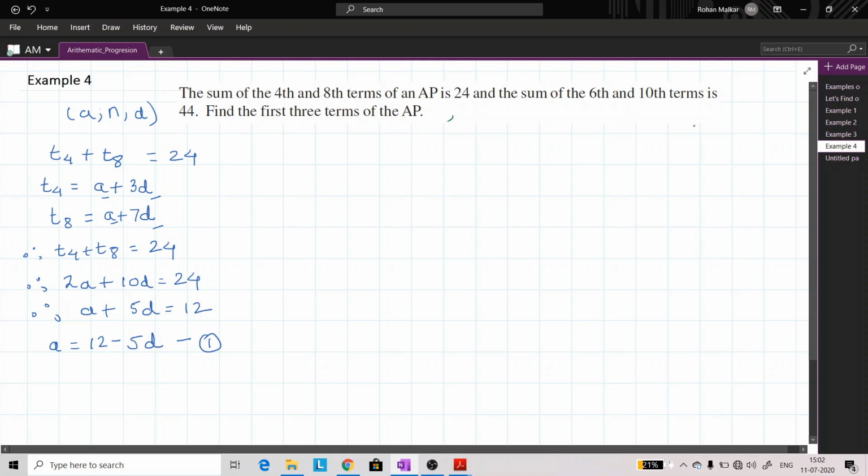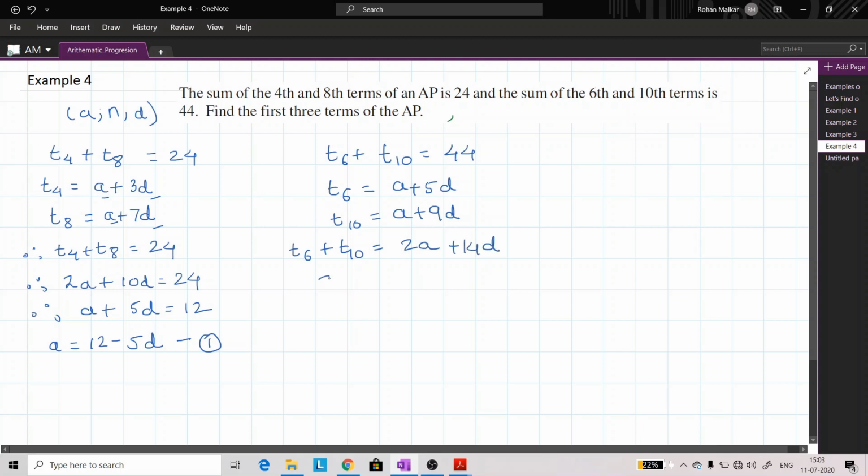Now let's try to evaluate the second condition. It says T6 plus T10 is actually 44. I'll follow the same process that we followed here to evaluate T4 and T8, and I'll write here directly T6 will be equal to A plus 5D, T10 will be equal to A plus 9D, and adding T6 plus T10 gives us 2A plus 14D.